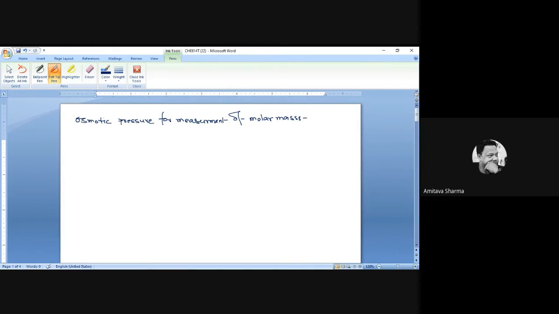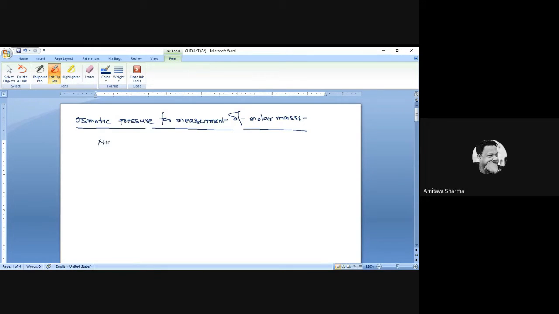First of all, osmotic pressure is one of the four colligative properties that is used to determine the number average molar mass of a sample of polymer. What does it calculate?